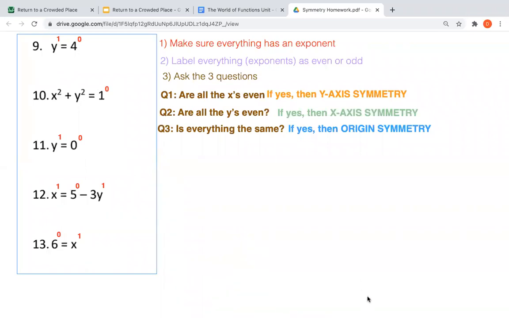Let me go ahead and do that first. 1 is odd. 0 is even. 2 is even. 2 is even. 0 is even. 1 is odd. 0 is even.